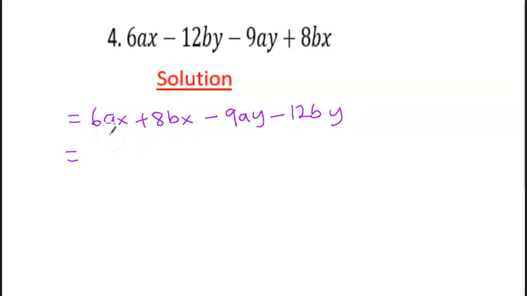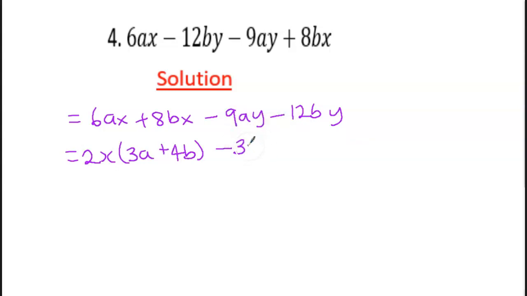So x. Now which number can go into 6 and at the same time 8? You have 2. So 2x out. 2 into 6, you have 3, then you have your a, plus 2 into 8, you have 4b. Then 9 and at the same time 12, you have 3.